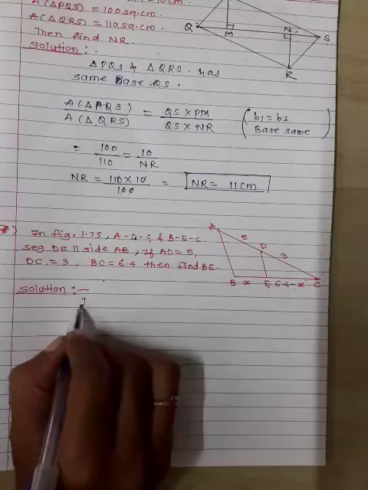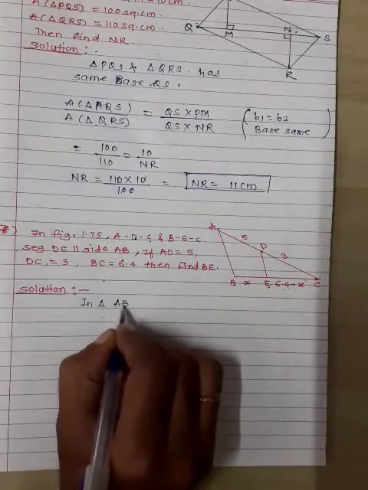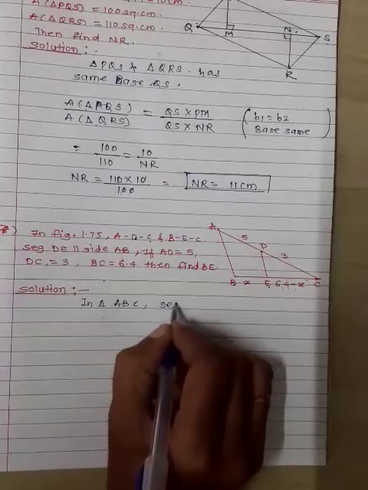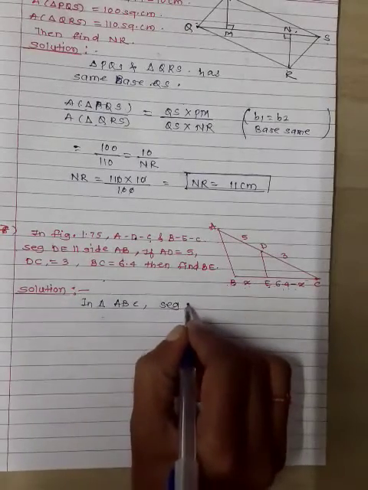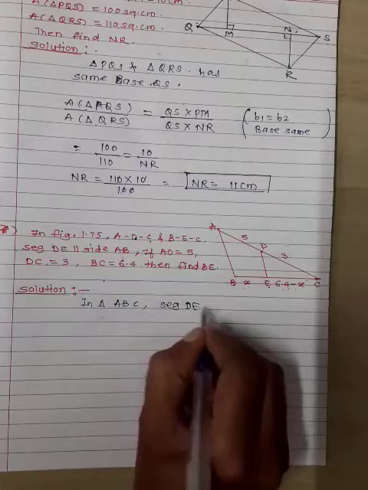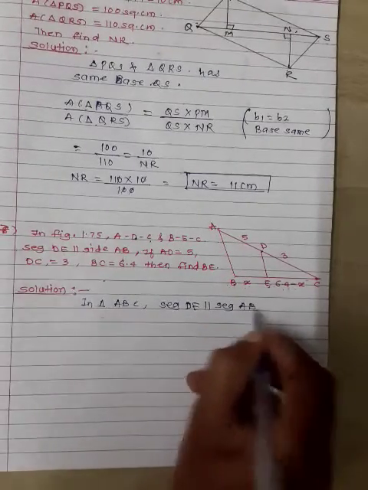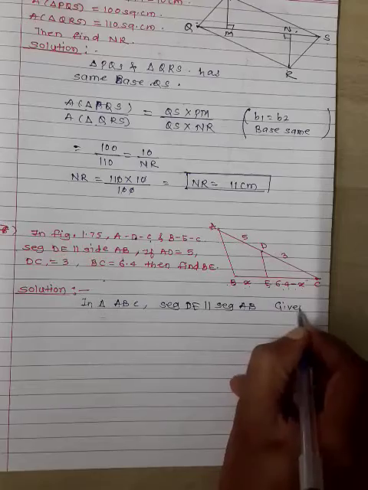Solution. In triangle ABC, segment DE is parallel to segment AB, as given.